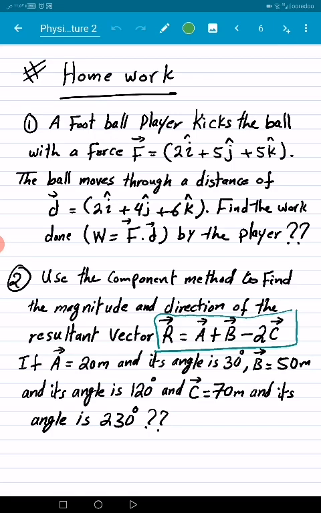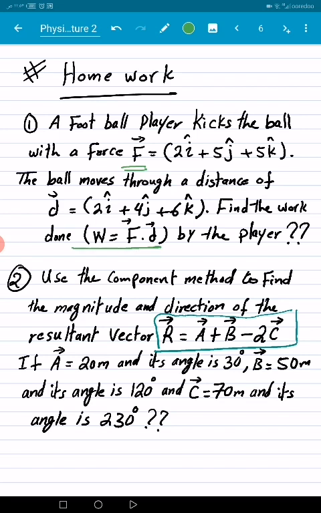Now I move to the homework, and I hope you try to solve it. Number 1. A football player kicks the ball with a force F, given in i hat, j hat, k hat. The ball moves through a distance, also in 3 dimensions, 2 i hat plus 4 j hat plus 6 k hat. Find the work done by the player.